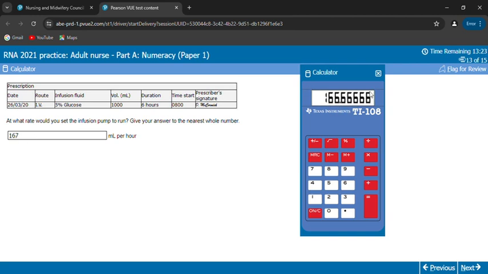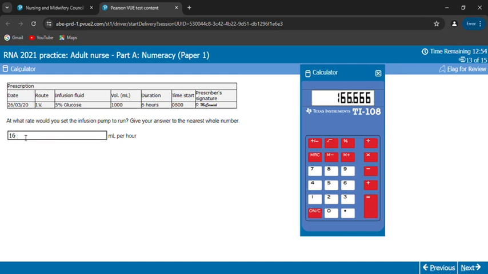If the answer is 166.33, that is near to 166, but 166.66 is near to 167.